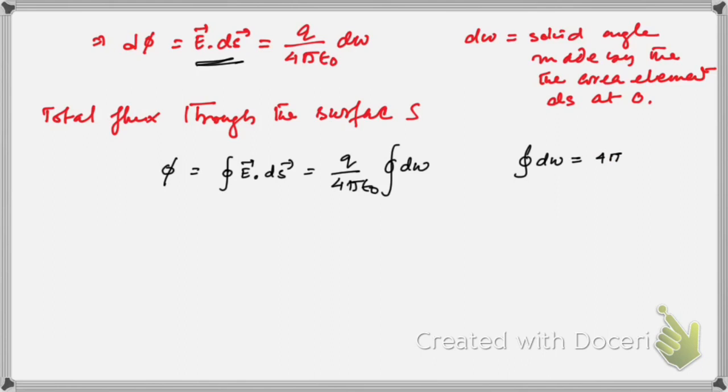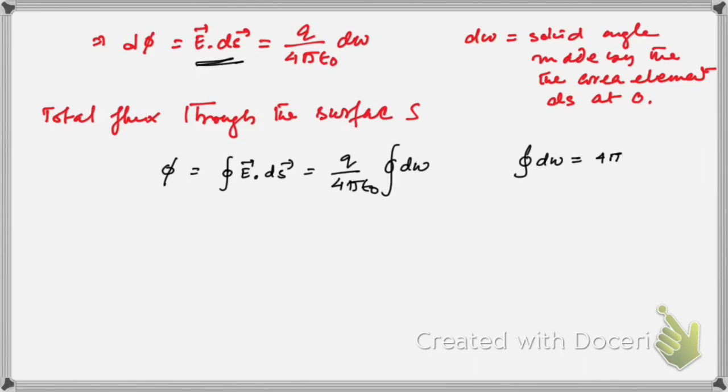That means if you integrate the solid angle for this whole surface, then you will get 4 pi, right? So that means the solid angle subtended by the closed surface at the center will be 4 pi. Okay, so hope you have understood this.